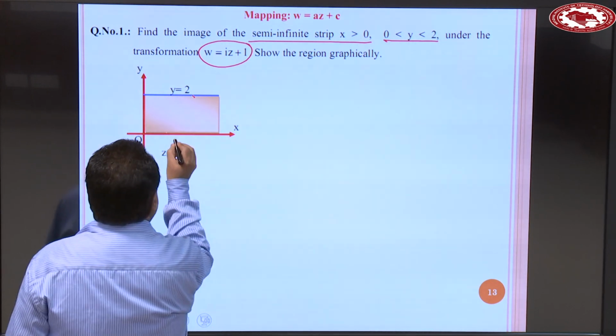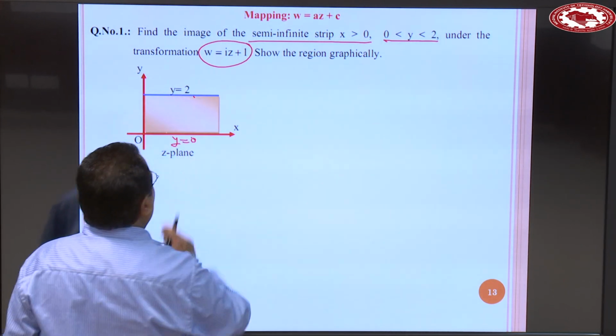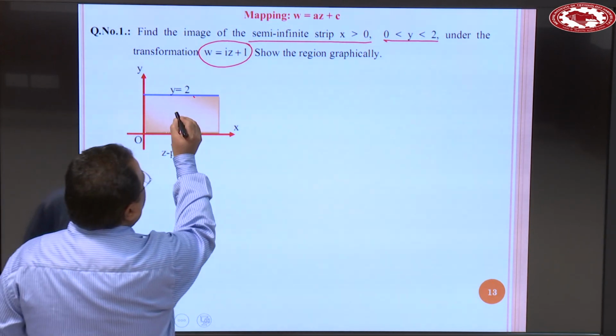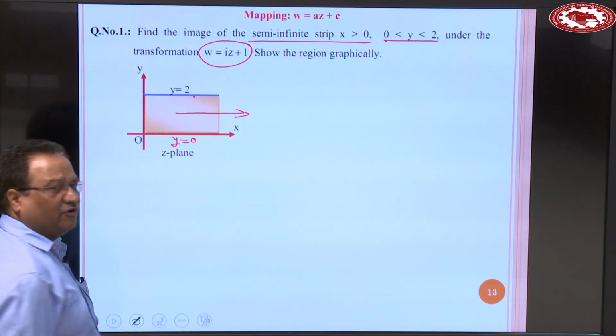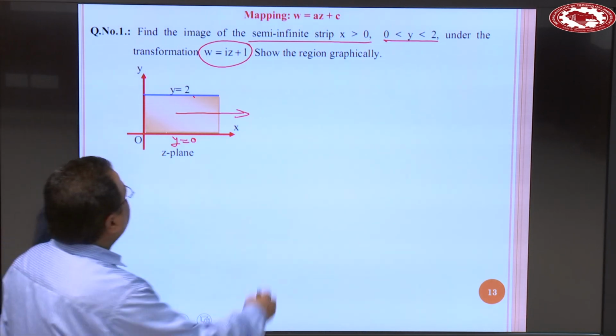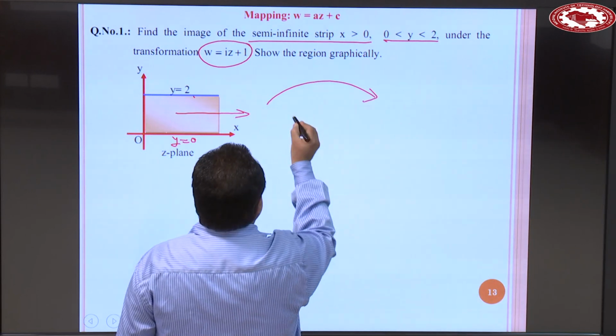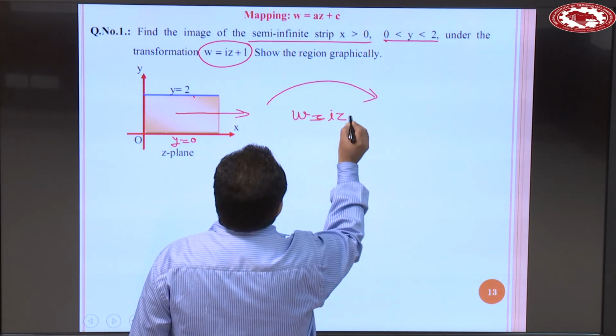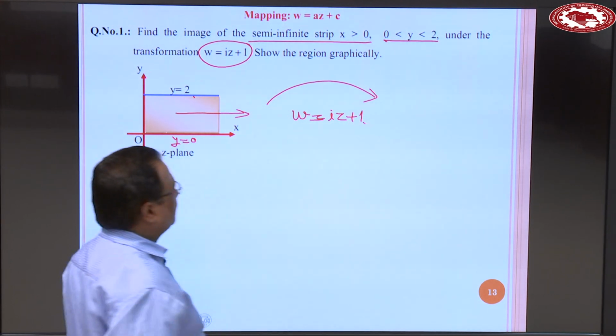So here y is equal to 0 and y is equal to 2 and x greater than 0. So x greater than 0 in this direction up to infinity, clear. Now use this transformation, w is equal to iota z plus 1.